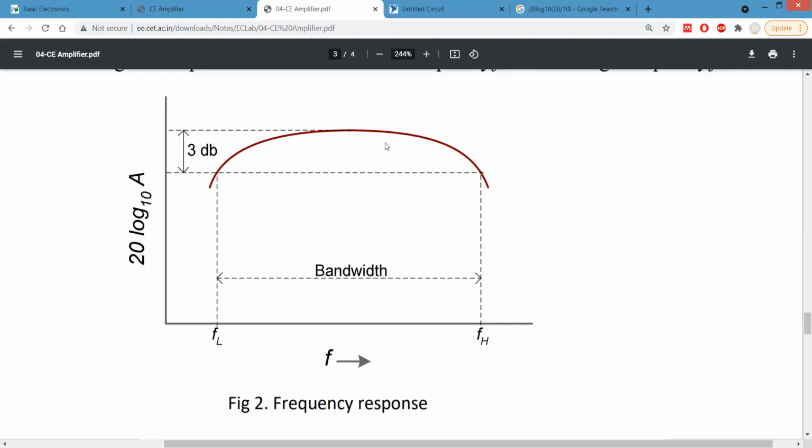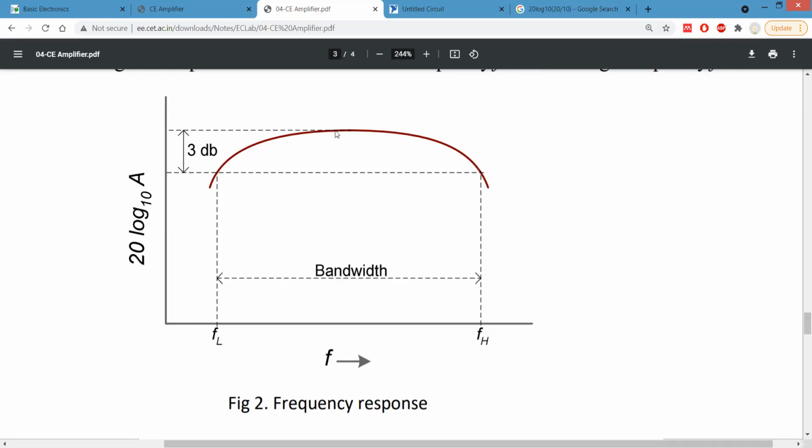In that case, how do we measure the lower frequency and higher frequency? There is a standard rule: if the output is 1 by root 2 times the maximum value, then we can consider that particular frequency value.